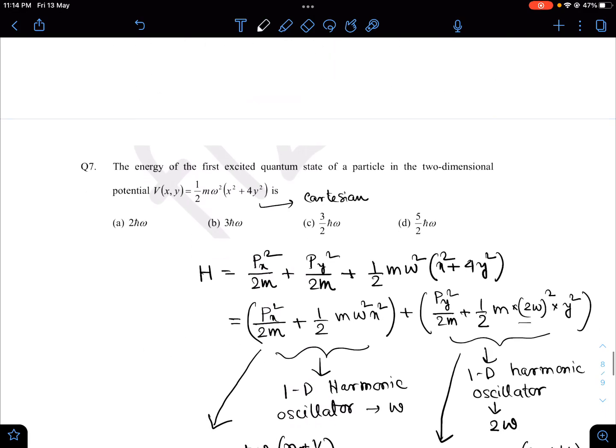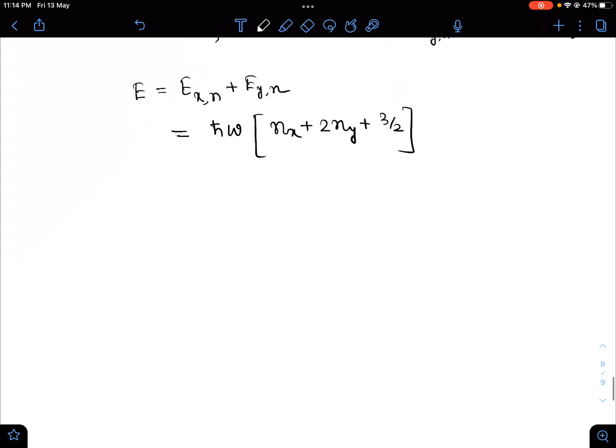We have to find the energy of the first excited state. First let us find the energy of the ground state. For the ground state, we have nx and ny to be 0, and the energy will be h cut omega times 3 by 2.